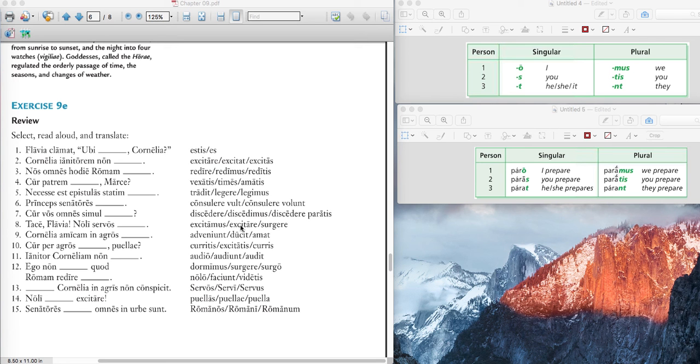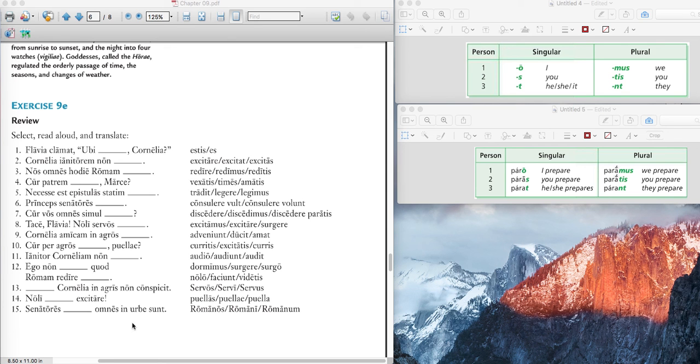I think it's chapter 10, the one that just finished up this week, chapter 10 for week 12. So negative commands use this noli excitare, especially for a singular person like Flavia. So be quiet, Flavia. Don't wake the slaves. These are direct object here. All right, I'm going to leave it alone for now because I feel like I've sort of made the point.